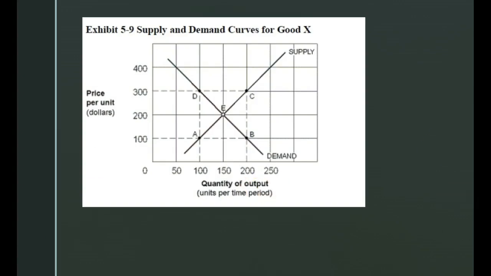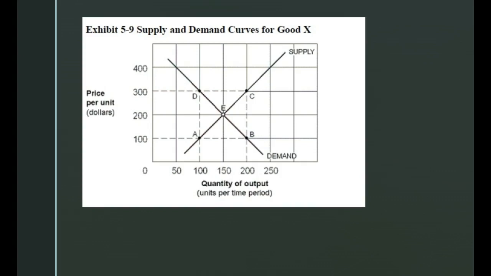Here's another one for supply and demand. Here is our supply and demand graph for a good X, and we're looking at the price elasticity of demand for good X between point E and point B. So how will we come up with this?